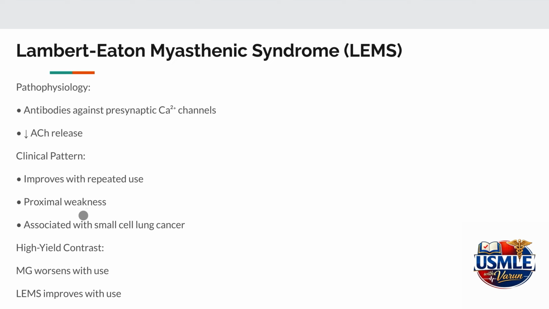This leads to reduced acetylcholine release. Unlike myasthenia gravis, muscle weakness actually improves with repeated activity because calcium gradually accumulates in the nerve terminal. This condition is often associated with small cell lung cancer, making it an important paraneoplastic syndrome.